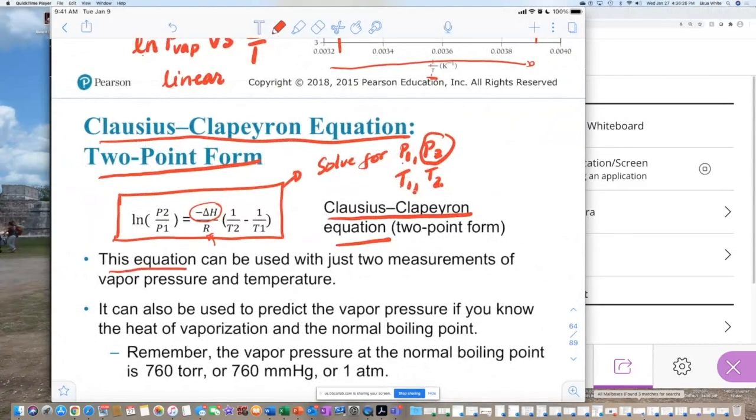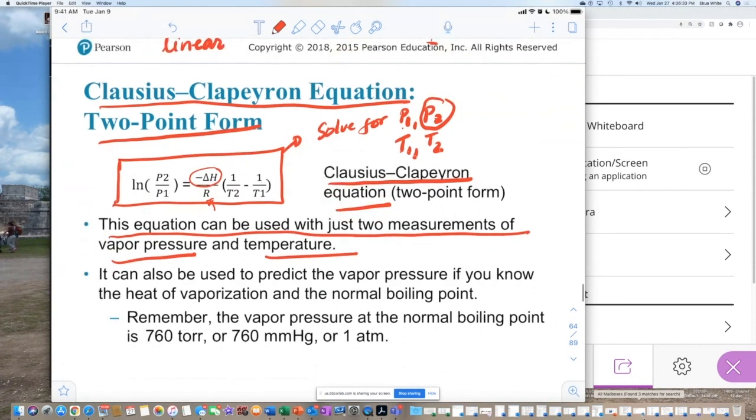And this equation, as it says here, is used to measure vapor pressure and temperature. Okay? So they're saying that you can be given P1, P2, T1, and T2. And it says the equation can be used to predict the vapor pressure if you know the heat of vaporization and the normal boiling point.